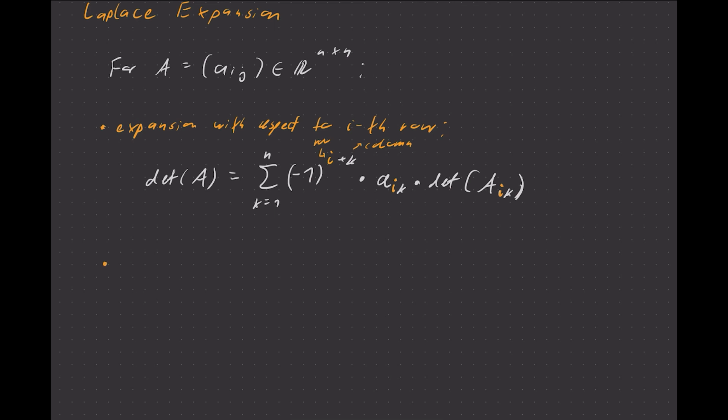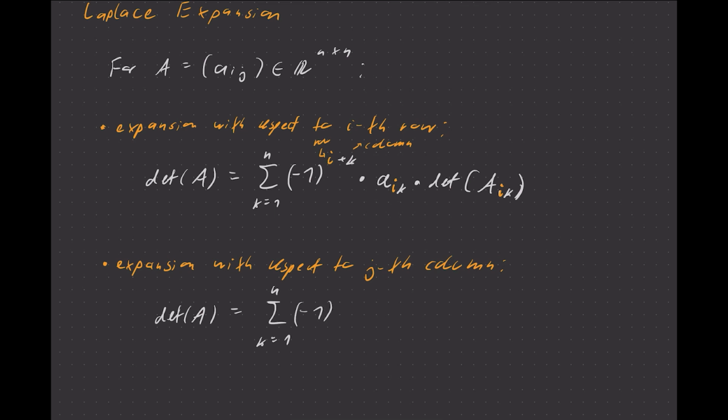And we can of course do the same thing for the columns. So expansion with respect to the jth column. That formula looks almost the same. That is, the determinant of A is then the sum of, so this time we sum up over all the entries of that jth column. Again, we have a sign, and again, the form of that sign is kth row plus jth column.